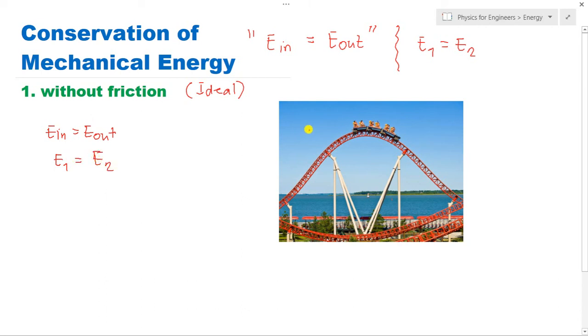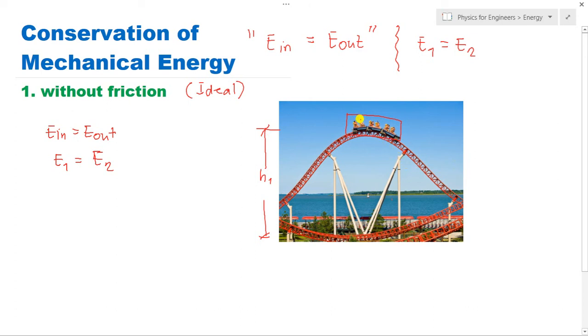Now applying this in our figure, consider this is a roller coaster ride. Let's say our object of interest here is the people that are on this open car, and of course they are located on top of the ground, so they have some elevation. Let's say this is H1, and then we are going to determine the states.